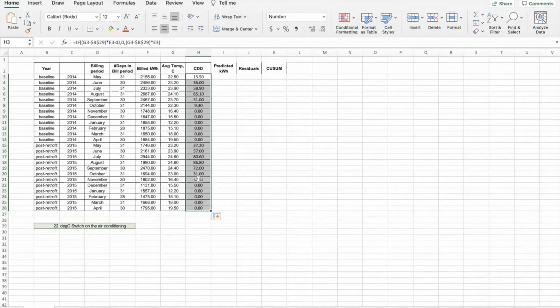But energy consumption is more difficult to obtain. So what we try to do in regression analysis is to find out whether there is any relationship between the energy consumption and the data that is easier to obtain.